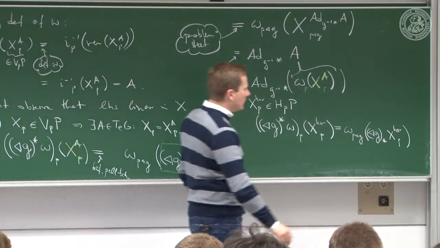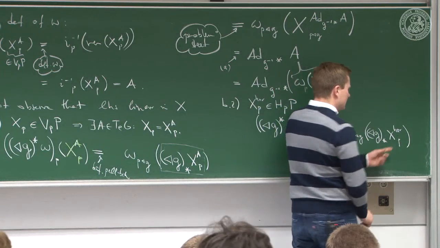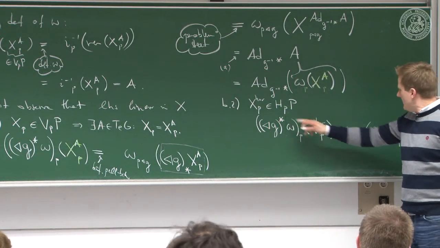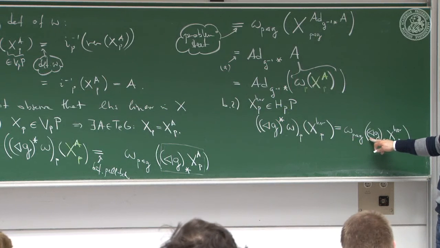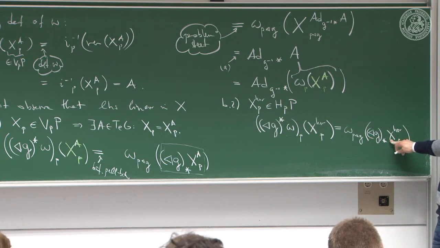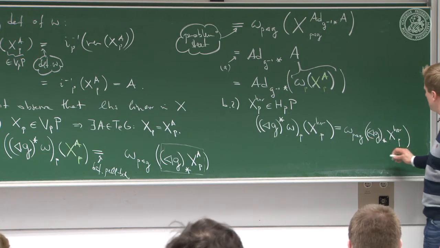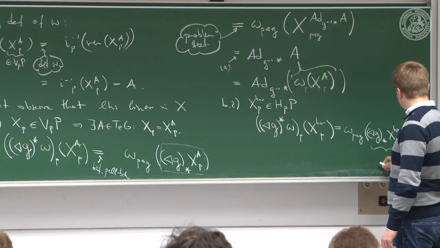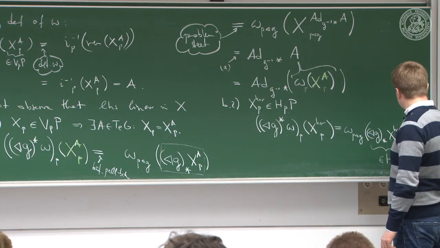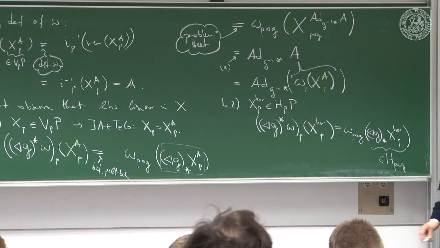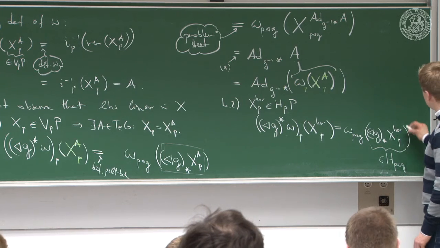But now this x hor P is of course an element, by assumption, of the horizontal subspace. But what do we know about the push forward of this right action of G of any element in the horizontal subspace at P? Well, we know by property B of the connection that this is an element of the horizontal subspace at P acted upon from the right by G. Why was this?